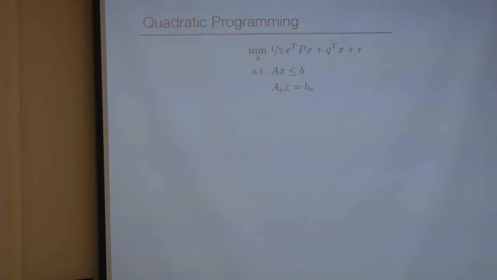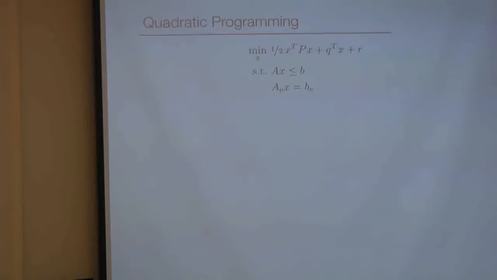So let us start with the theoretical formulation of quadratic programming. Often we abbreviate quadratic programming by QP. So when you hear somebody saying QP, he means quadratic programming, and when somebody says LP, that means linear programming.